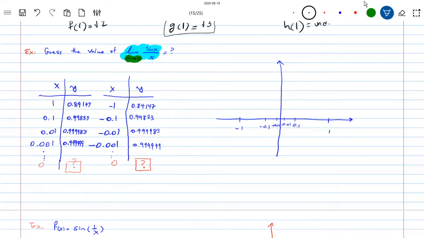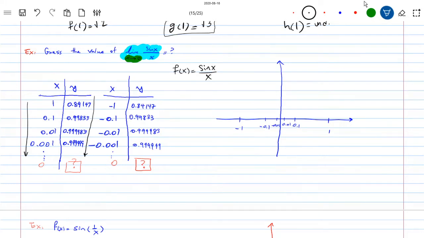So this is the table that I created. Pick x values of 1, 0.1, 0.01, 0.001, and so on. You try to approach the value of 0 for x, and you try to estimate what would happen for the y value. If I replace 1 for x into the function, your function in this case is sine x divided by x.